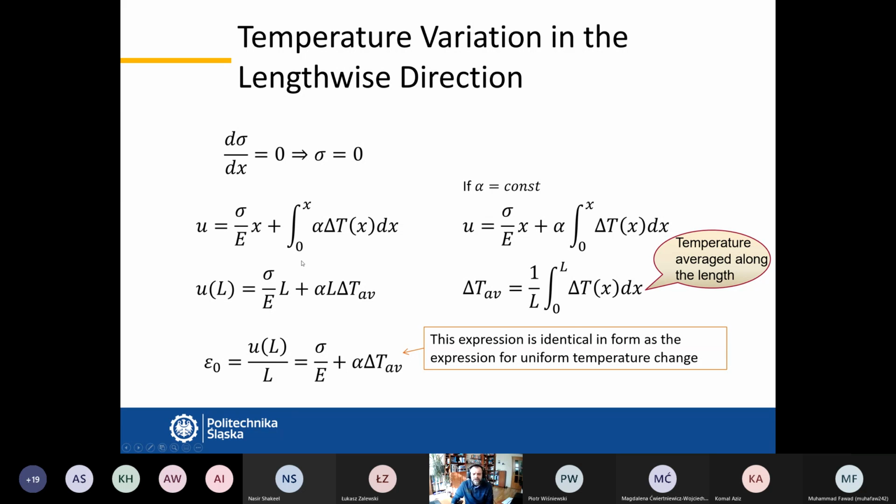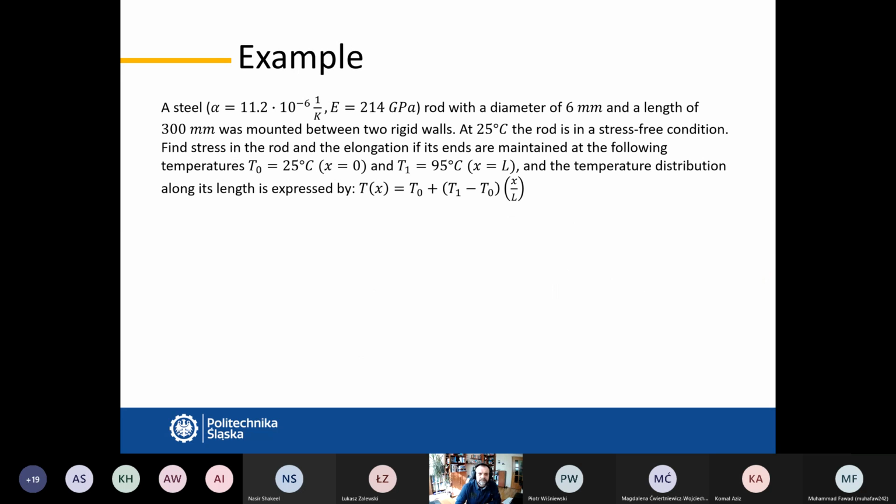As I told you a minute before, instead of constant temperature, you have an average temperature along the length. So the shape of the function is exactly the same. A different quantity is introduced into the temperature rise.